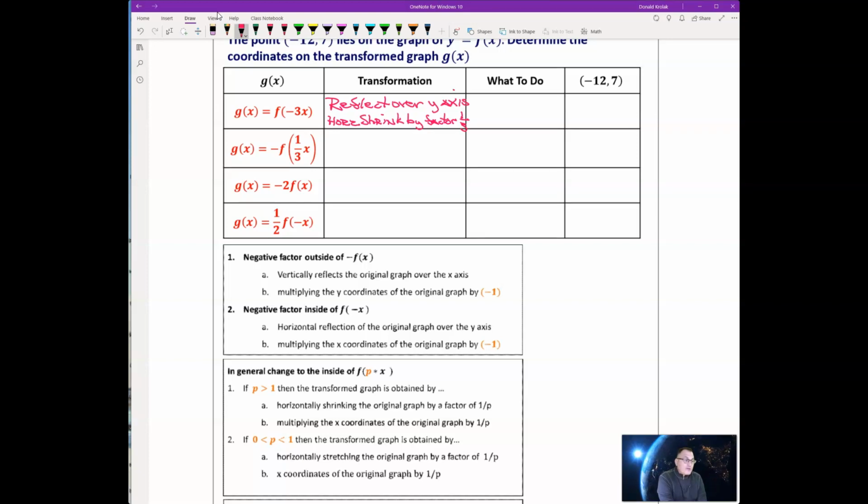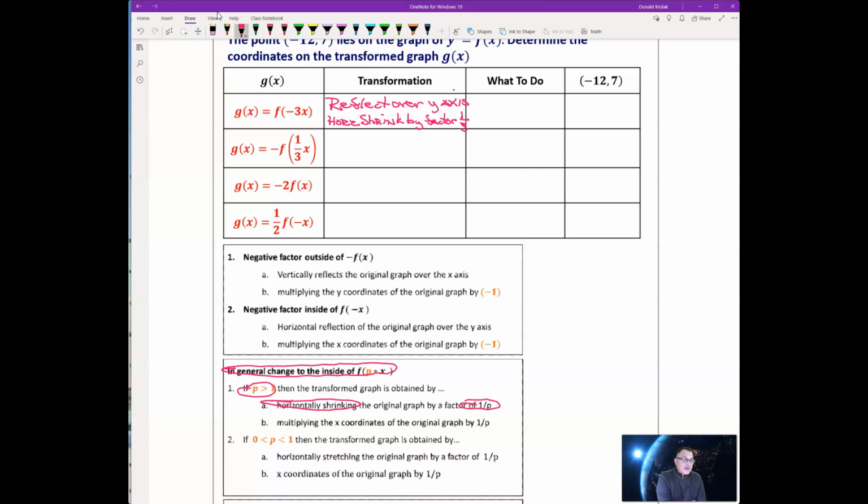Okay, and what I'm referring to is this right here. The 3 is inside the parentheses. Okay, 3 is greater than 1, so it's going to be a horizontal shrink by a factor of 1 over whatever it was. So it was 3, so now it's 1 over 3.